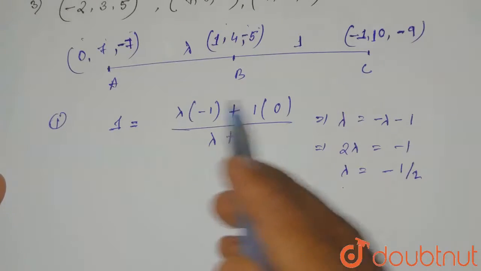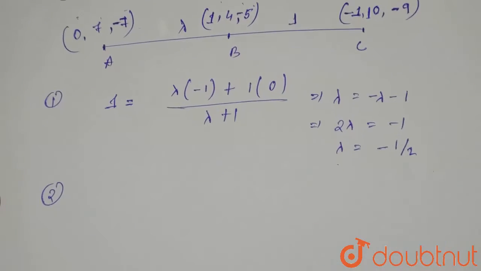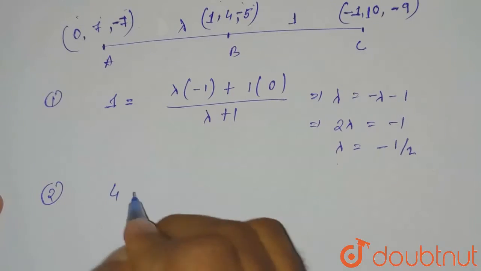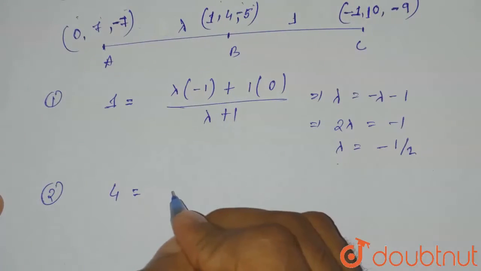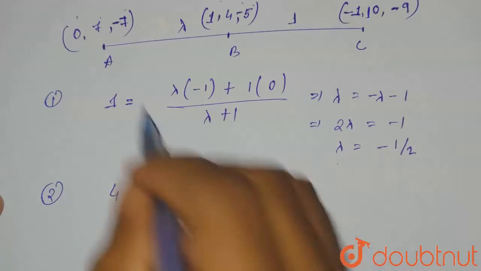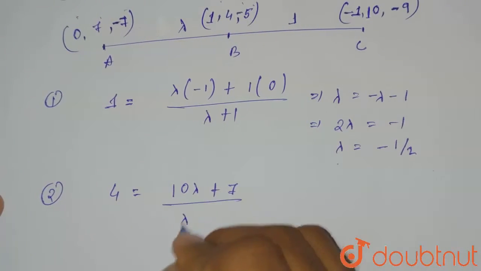Again, let's find it for the y values. 4 will be equal to lambda into 10 plus 1 into 7, divided by lambda plus 1.